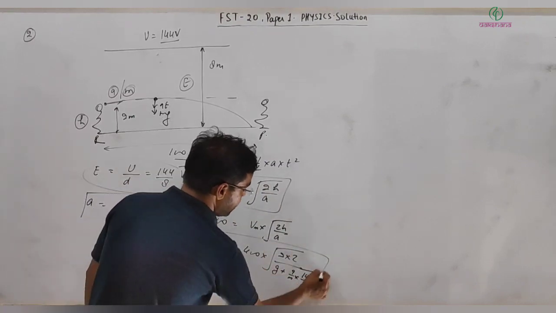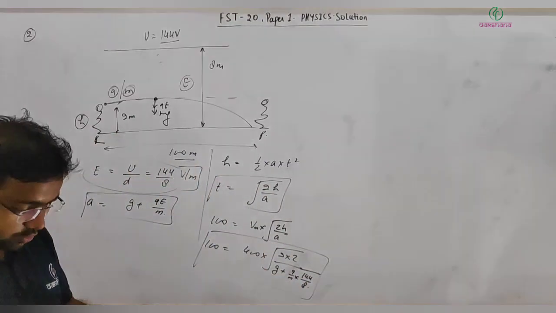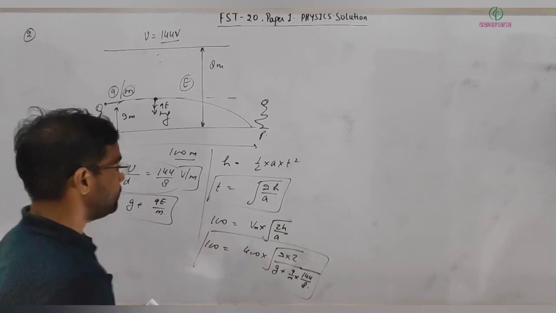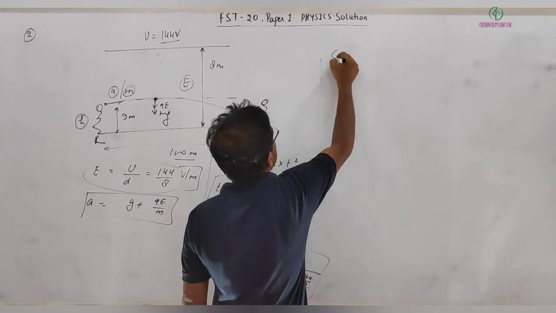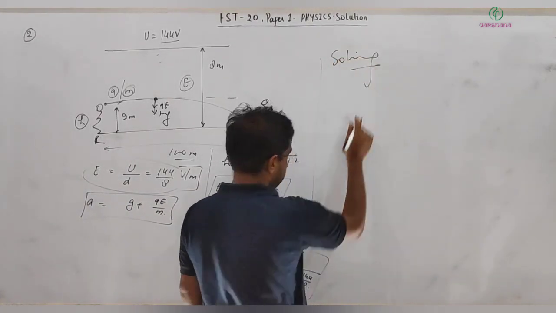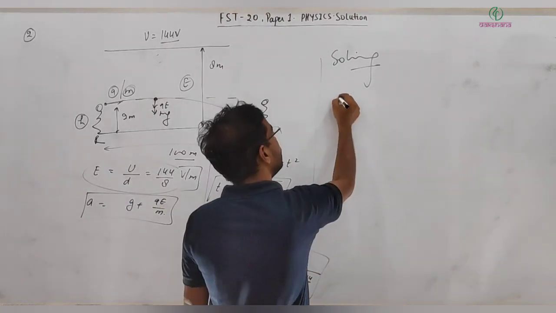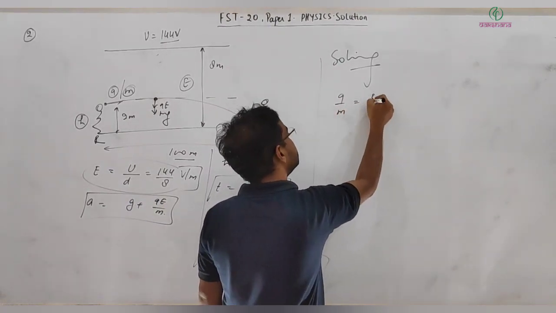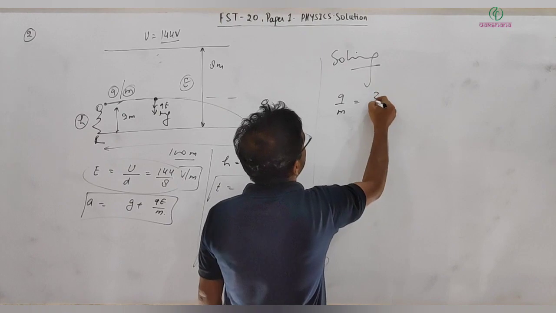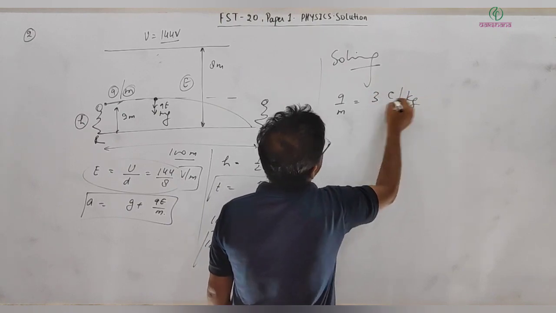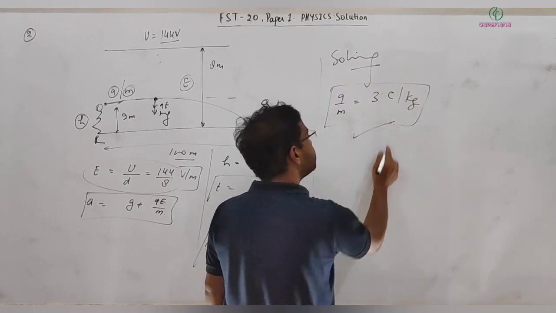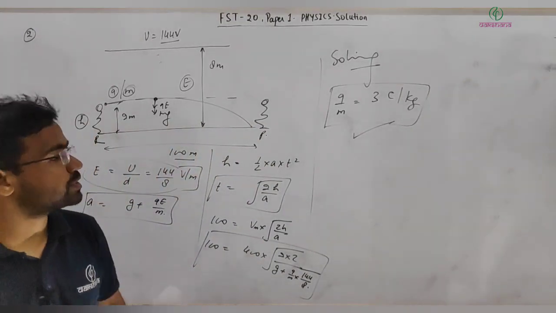This is the relation, and only q by m is unknown. Solving it, we get q by m comes out to be 3 coulomb per kg, and this is the answer for the last problem, question number 2.